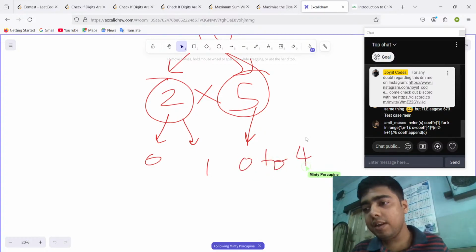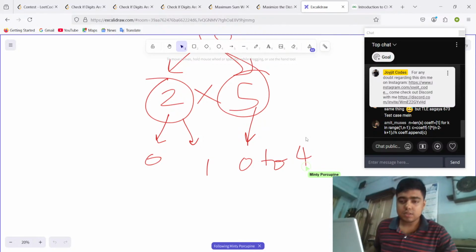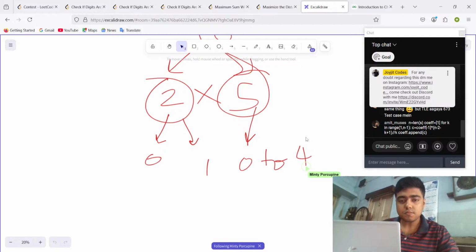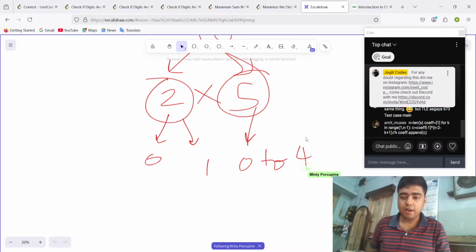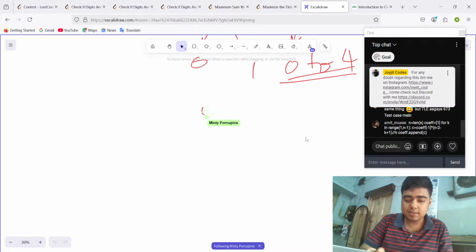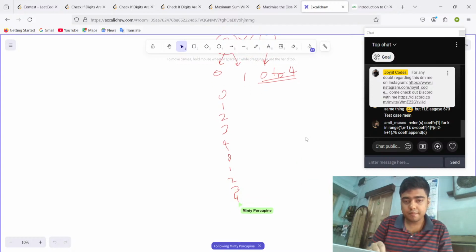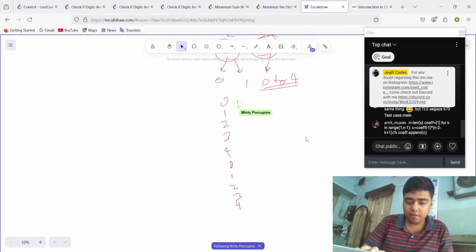For every specific pair, let me write it down. From 0 to 4, I can write 0, 1, 2, 3, 4, and then again 0, 1, 2, 3, 4. For every one of them, this is going to be 0, 0, 0, 0, 0, and this is going to be 1, 1, 1, 1, 1.